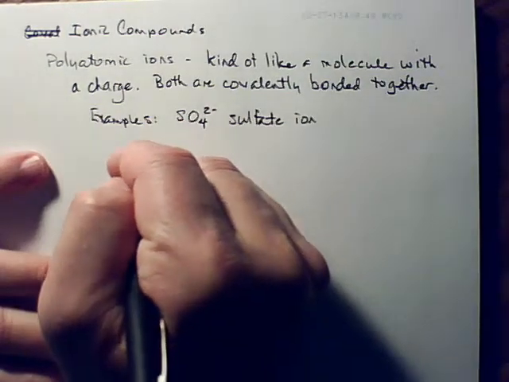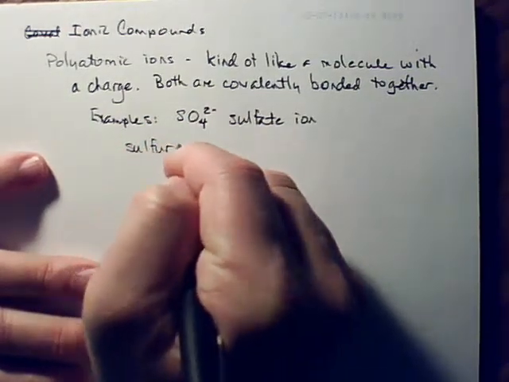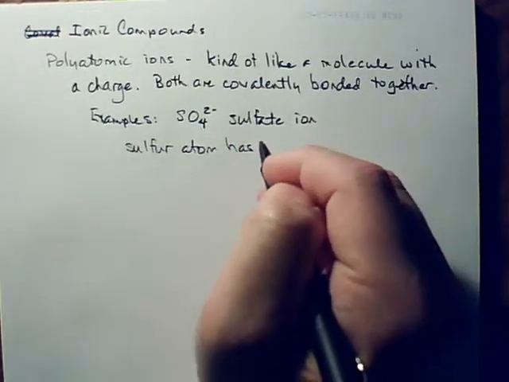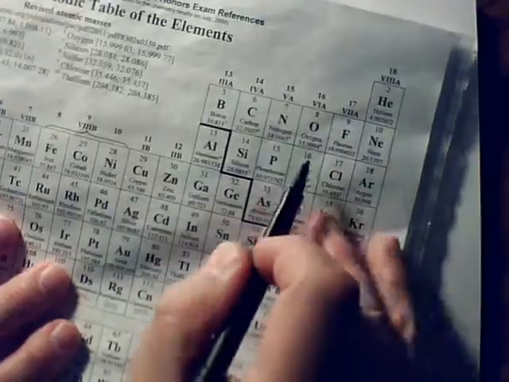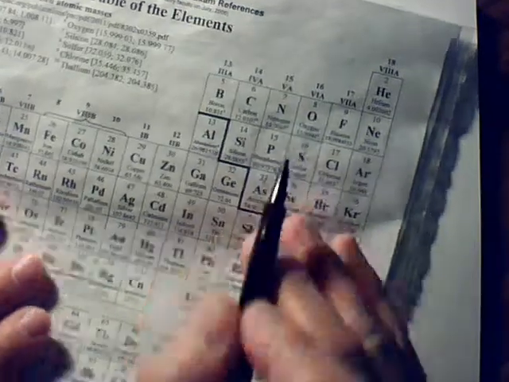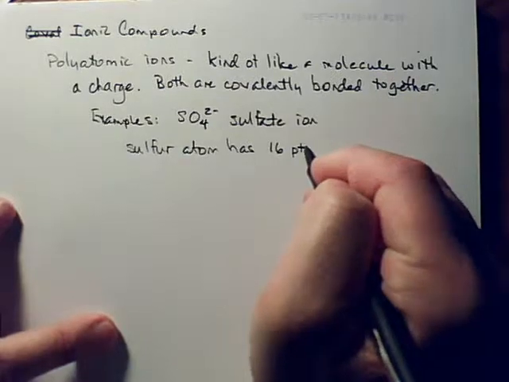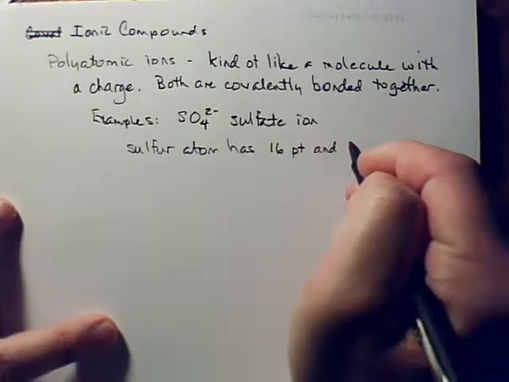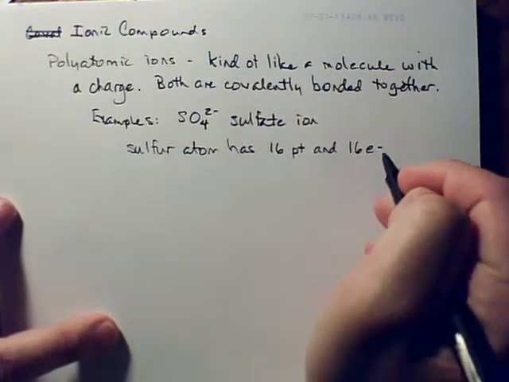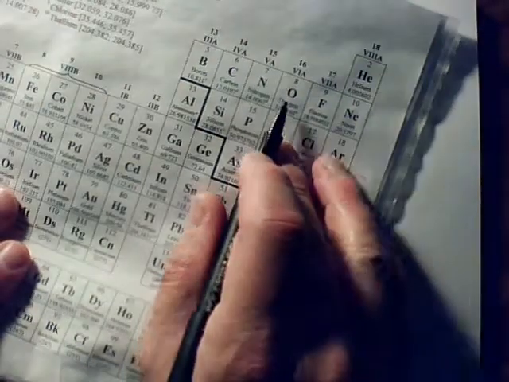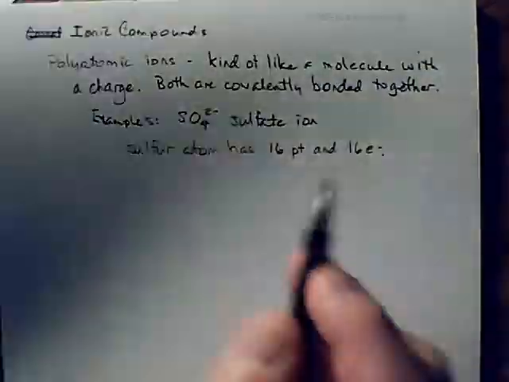Now, the sulfur atom has 16 protons and electrons. The oxygen atom has 8 protons and electrons.